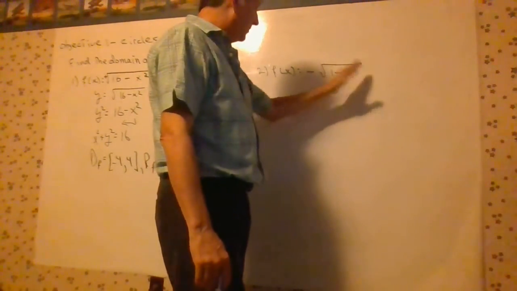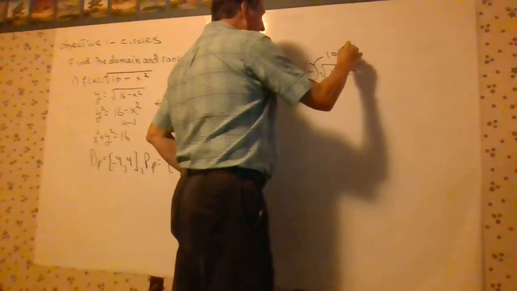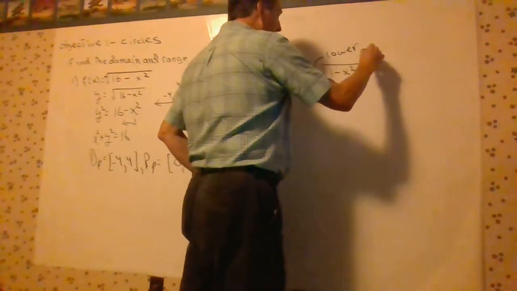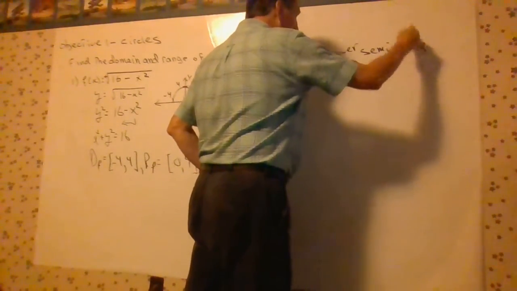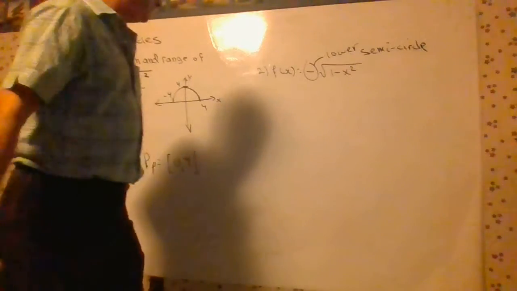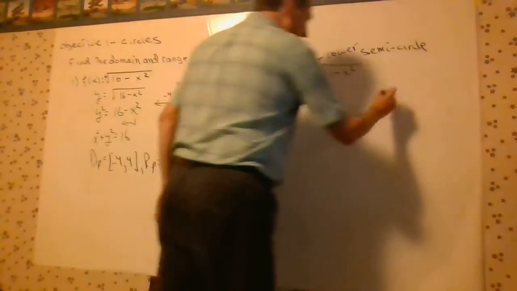Second example, f of x equals negative square root of 1 minus x squared. This negative means it is a lower semicircle. And so we can probably skip the algebra in this case.